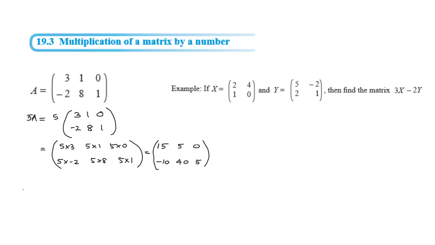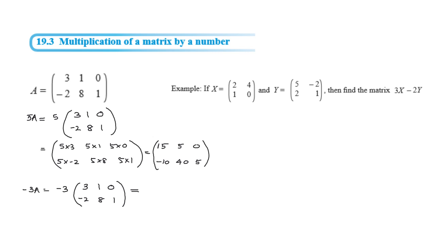Let's see, minus 3a. So what you have to do? You have to multiply this inside one by minus 3. You have to multiply all the elements by minus 3: 3, 1, 0, minus 2, 8, 1.